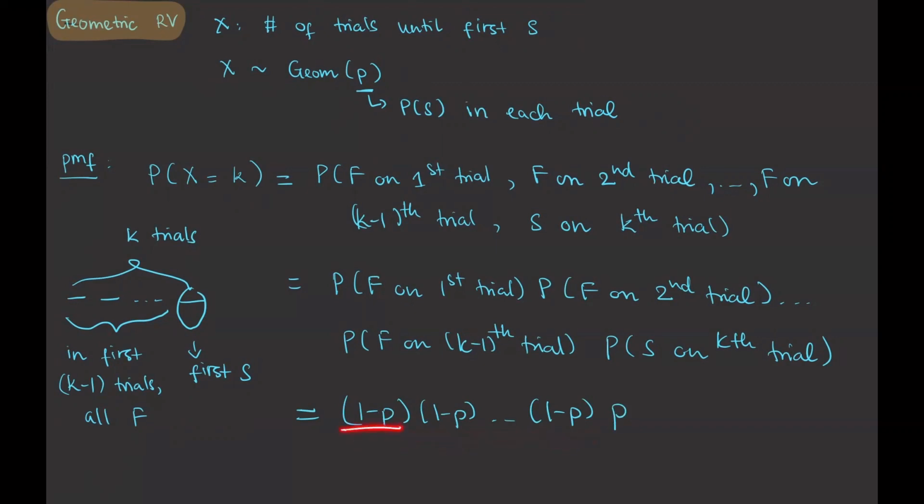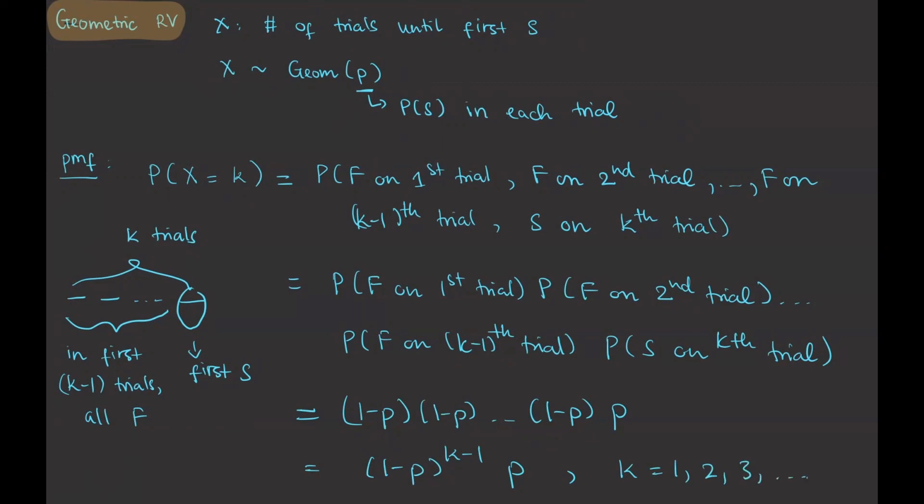We have failure on first trial, second trial, up until k minus 1 trial. So I have 1 minus P to the power of k minus 1, and then multiply with P. One condition we have to notice is that k has to be at least 1.